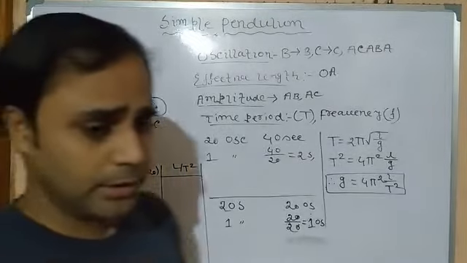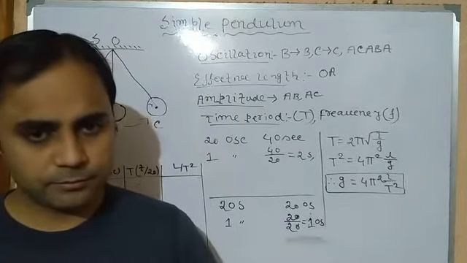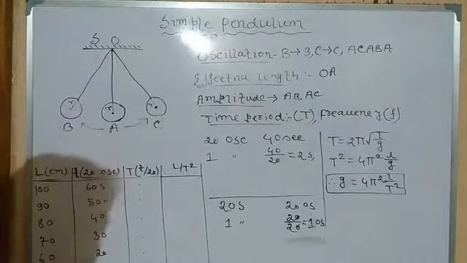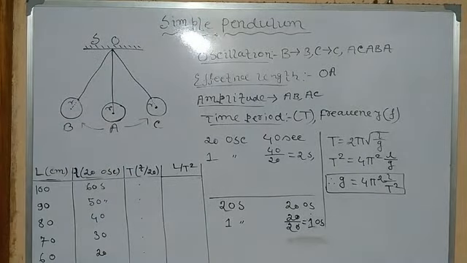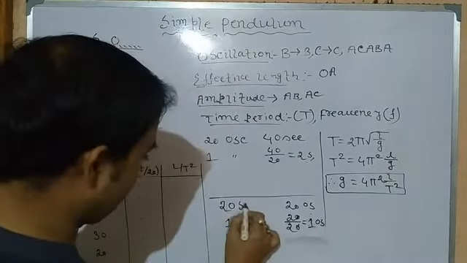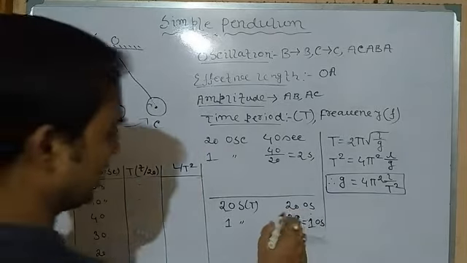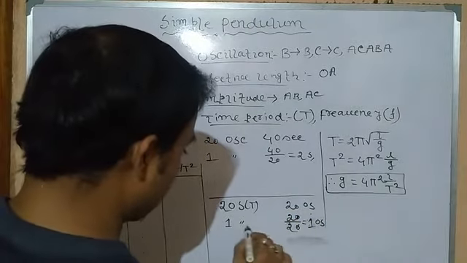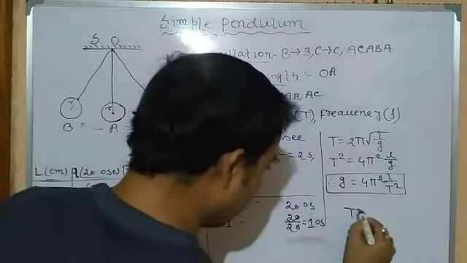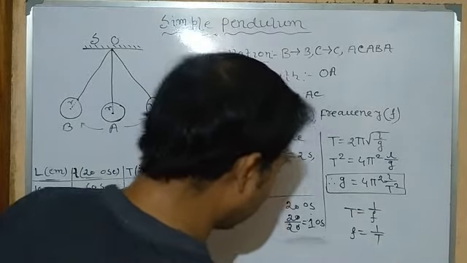Clear? So time period means the total time for completion of one oscillation, whereas frequency means the number of oscillations in 1 second. So we can write T equals 1 by F, or F equals 1 by T. Clear?